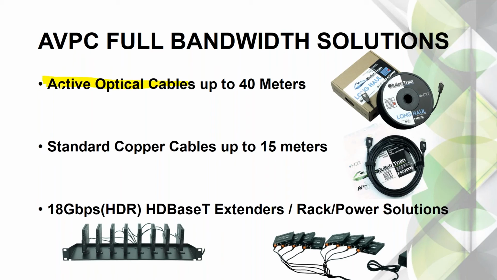And for the shorter runs, under 45 to 50 feet, we can use passive cables, well-made passive cables. We do these from a 1/2 meter up to 15. 15 is a big, thick, flat cable. It's a little pricey, got a lot of copper.